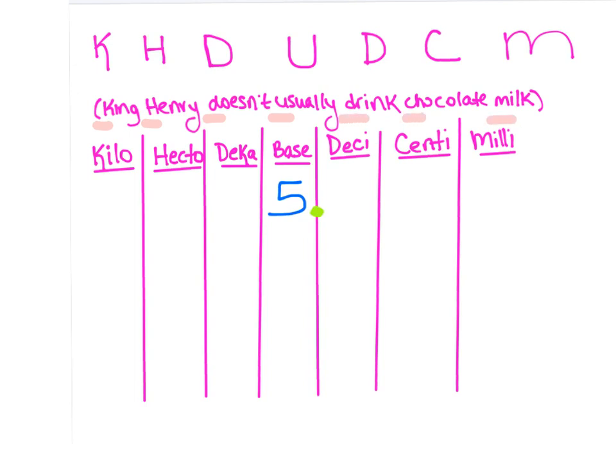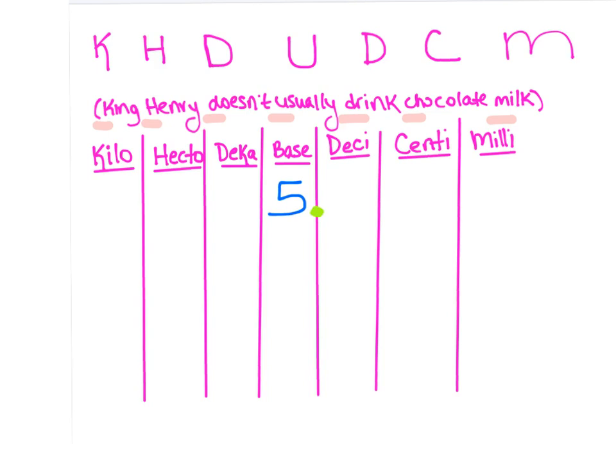K for king lines up with kilo, H for Henry, hecto, D for doesn't lines up with deca, U for usually is the unit, which we just look at as the base unit, and for length, that base unit is the meter. And then we have D for deci, C for centi, and M for milli.